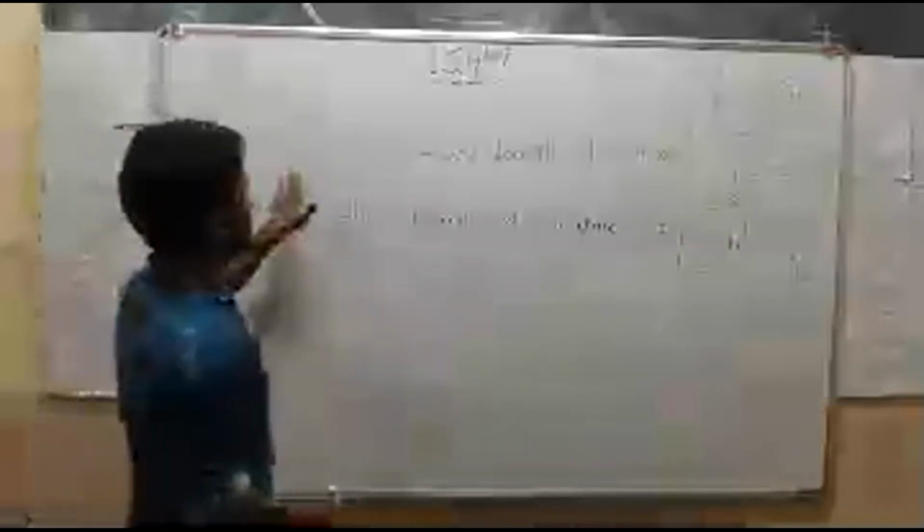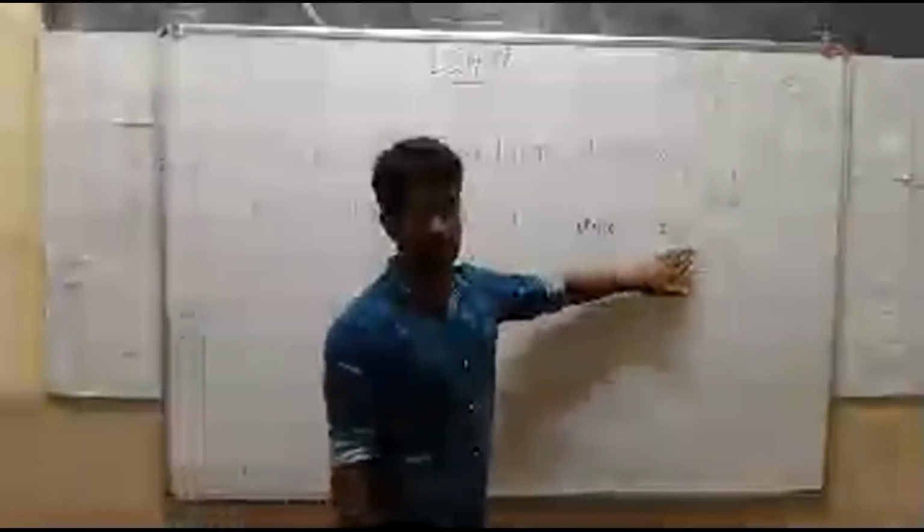Here, very simple question. Find the focal length of a convex mirror whose radius of curvature is 32 centimeter.